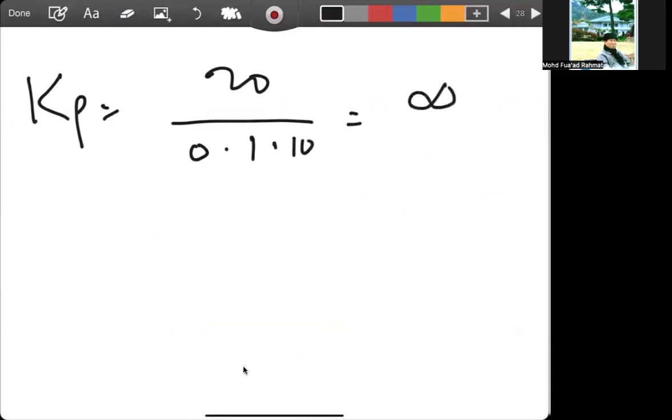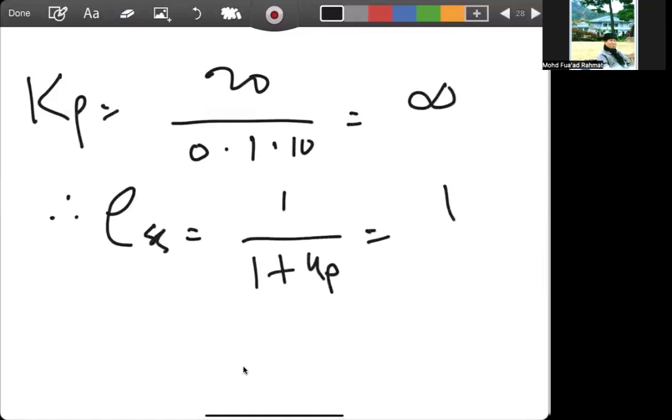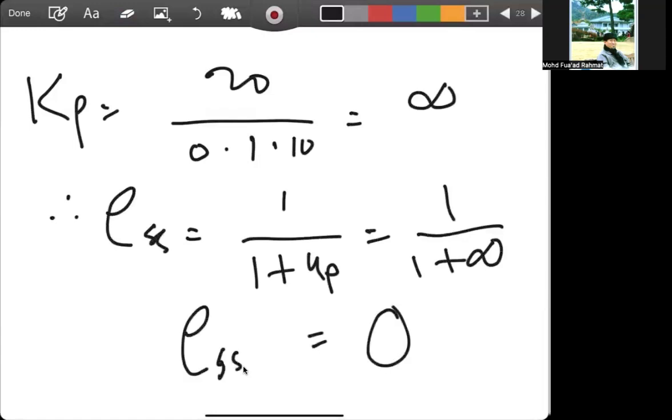So it will give you infinity. The steady state error is 1 over 1 plus Kp, 1 over 1 plus infinity. So this one will give you 0. Okay, the steady state error will be 0.